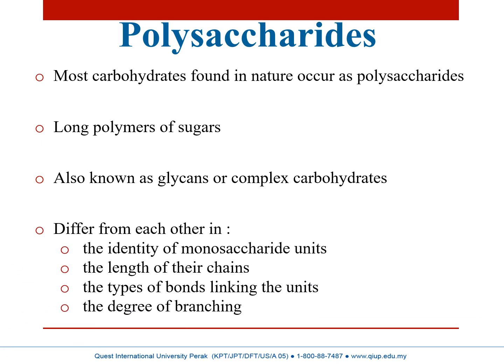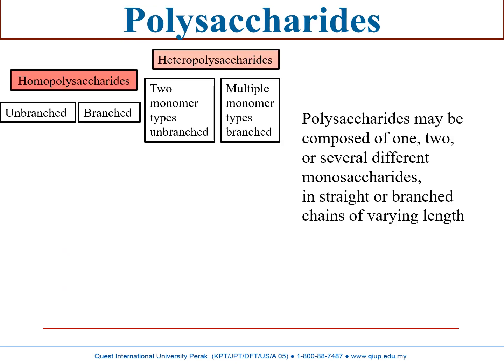They differ from one to the other based on the monosaccharide, how long the chain is, and the type of bond linking the units. It could be alpha 1,4 or beta 1,4, and also have branching of alpha 1,6, as shown below. Right here to describe polysaccharide, some could be homopolysaccharide, some could be branched, some could be unbranched.